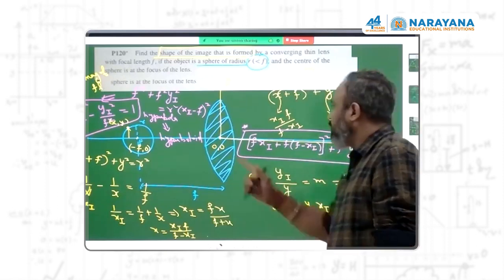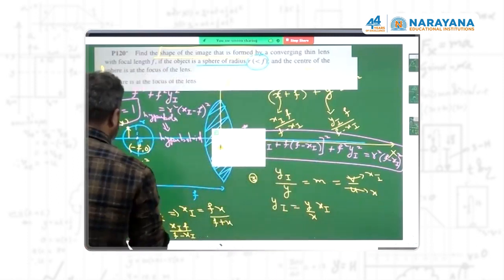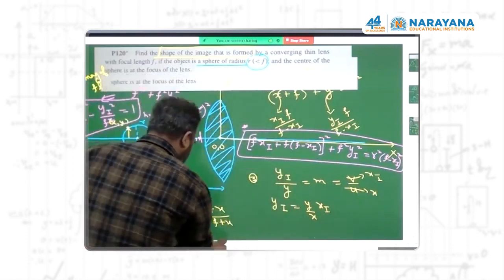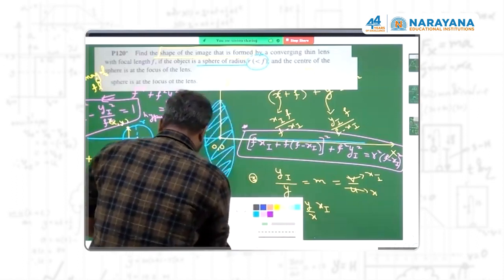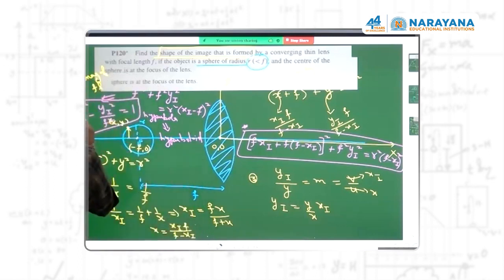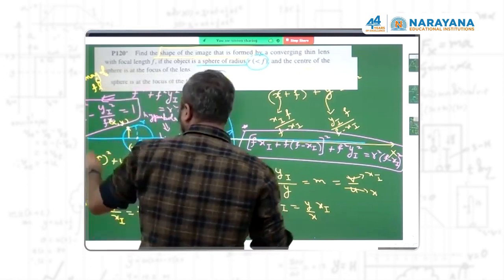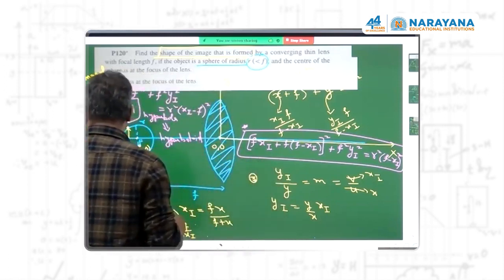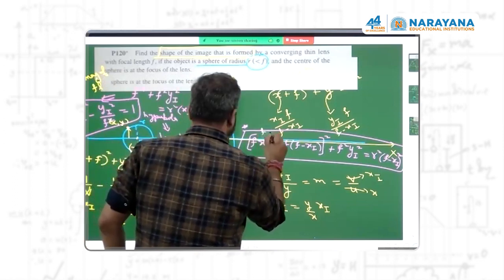And how to depict this? So all of you understand that that hyperbola will be, I'm just drawing that now. All the parameters are known. Center of that hyperbola that I know is f comma 0. So the center of hyperbola, that point here, will be f comma 0.